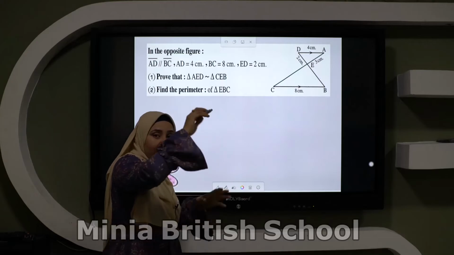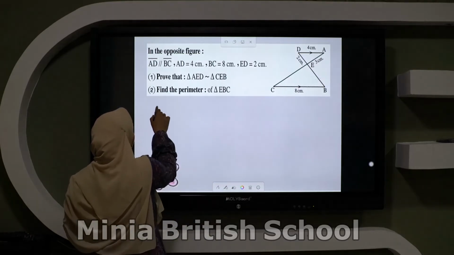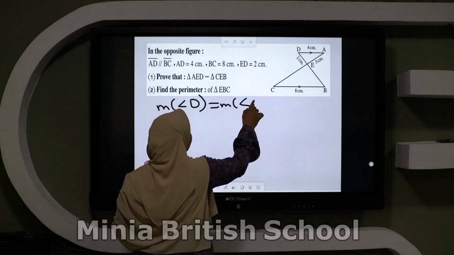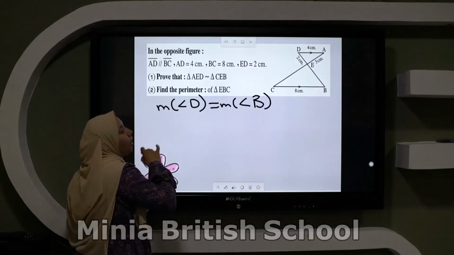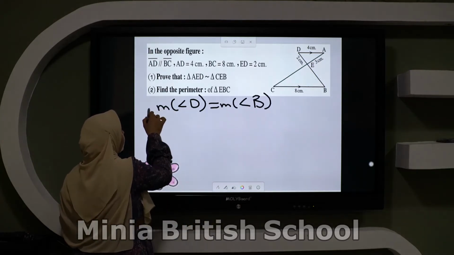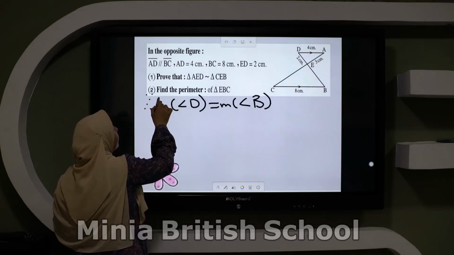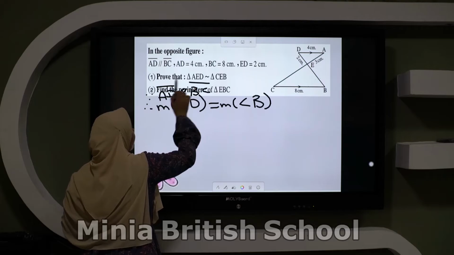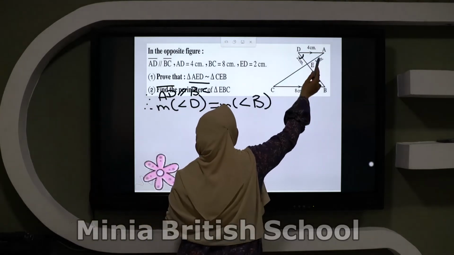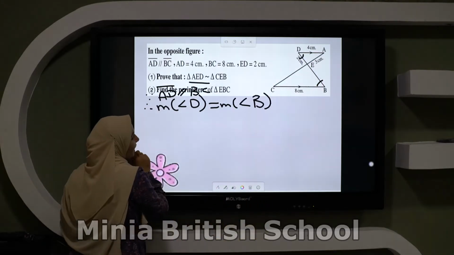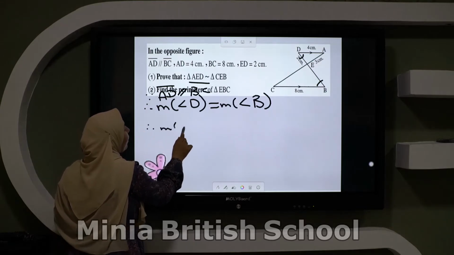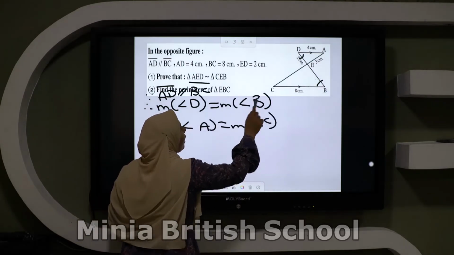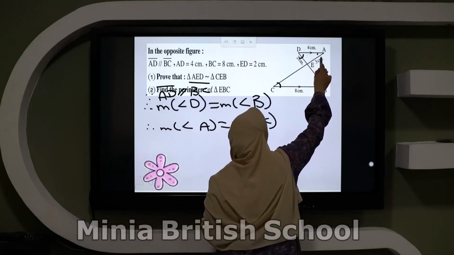Since AD is parallel to BC, therefore measure of angle D equals measure of angle B, alternate angles, and also measure of angle A equals measure of angle C, alternate angles also.